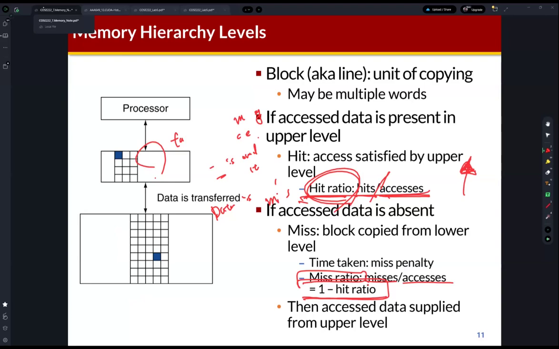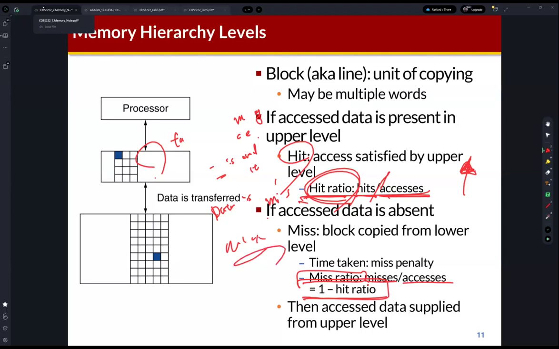I explained that if the data is found in the small memory, the cache, it is a hit. If the data is not found, this event is a miss.